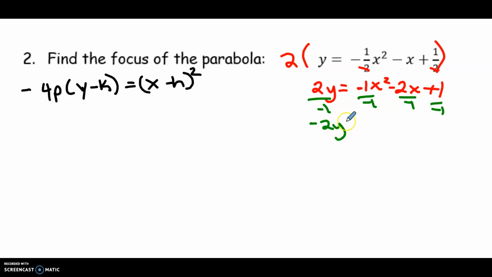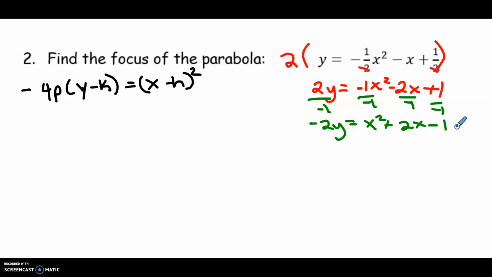So I got negative 2y is equal to positive x squared plus 2x, and then it's going to be a minus 1. Okay, so now I'm here. In order to complete the square, I need to set the equation equal to c.